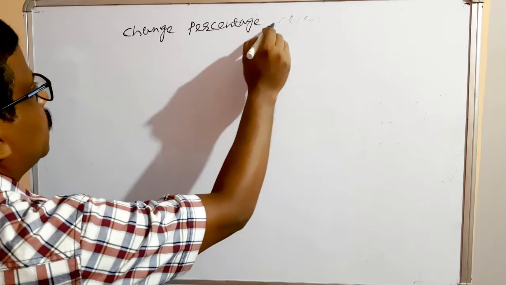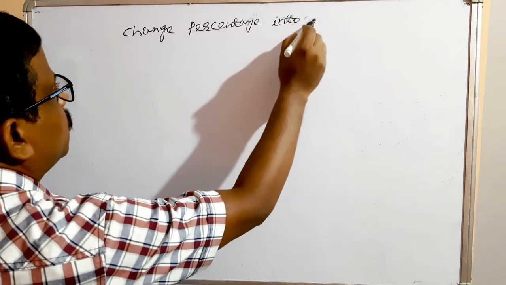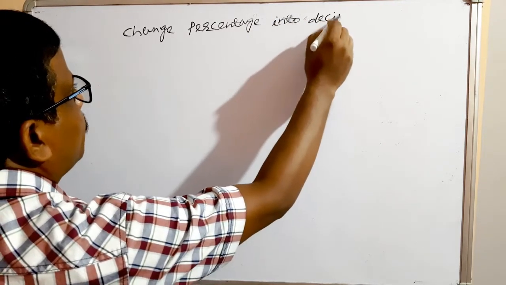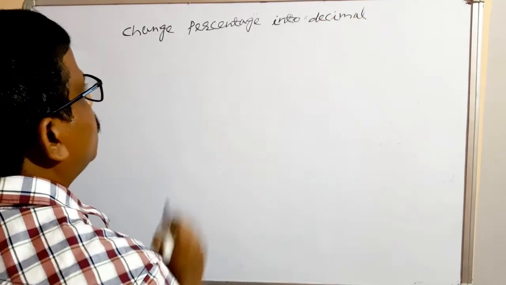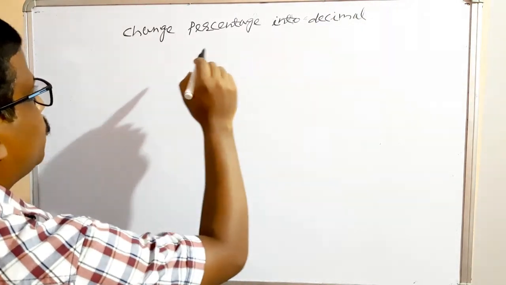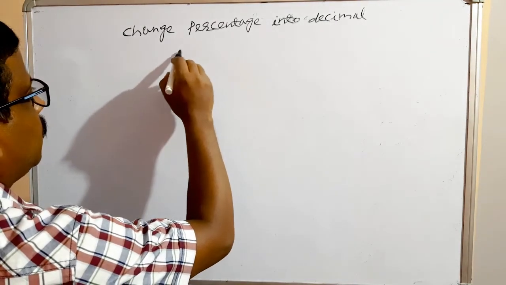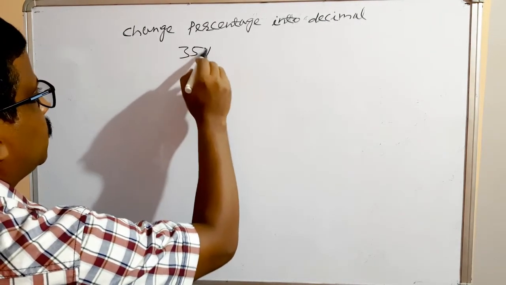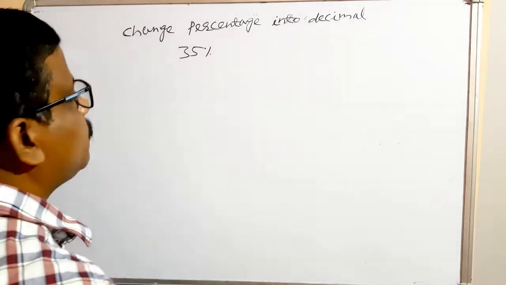Suppose the percentage 35% is given, and we have to change it into decimal.